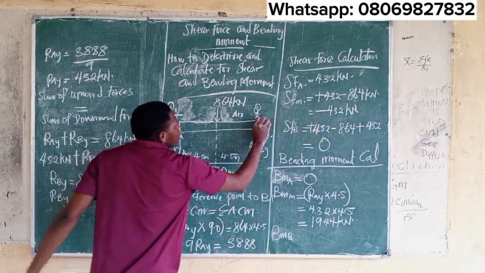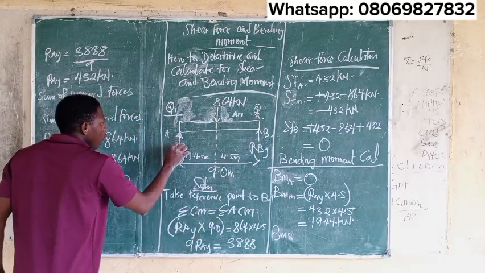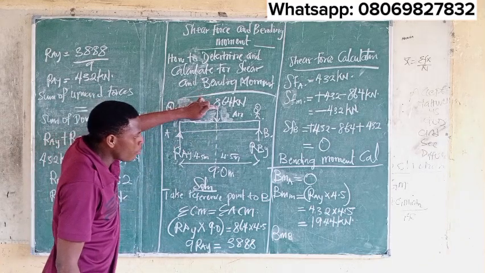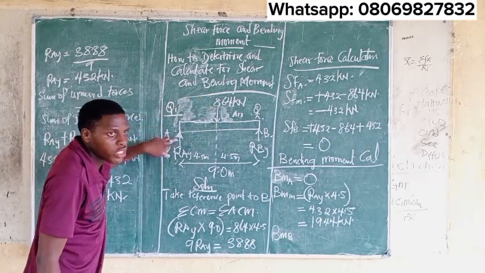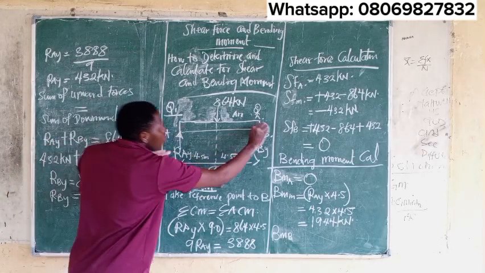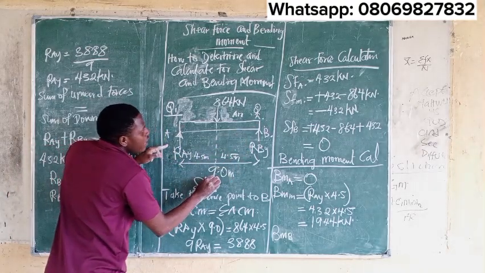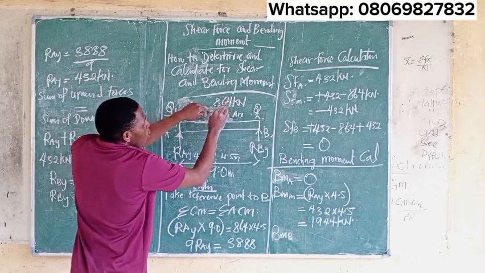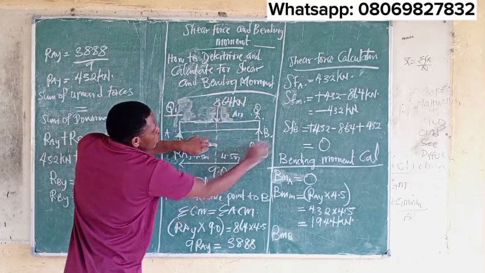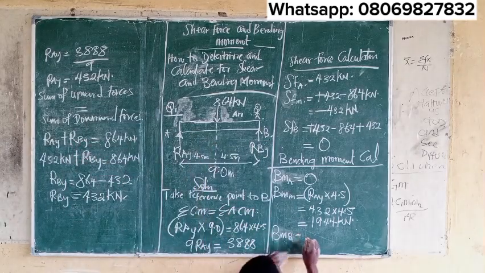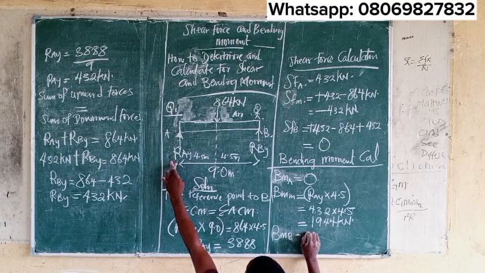Now we are at point B. We are seeing this force and this one. We know that this one is a negative force and this is a positive force. Now we are taking the distance from this place down to this place, which is what? 9. And the next one is the negative, which is minus 864. From here down to this place is what? 4.5. So this is simply what? This is simply RAY, which is what?